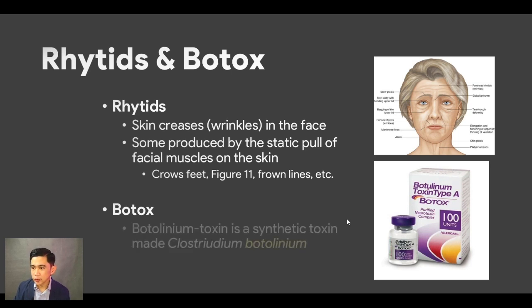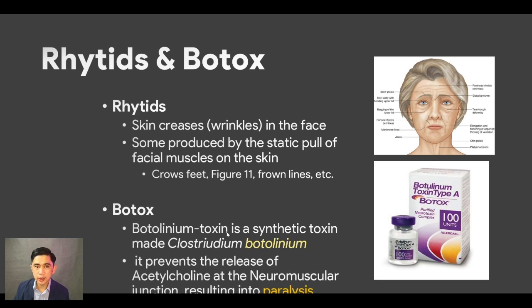Okay, so Botox is actually a synthetic toxin made from Clostridium botulinum, and this toxin will paralyze the muscle through prevention of the release of acetylcholine at the neuromuscular junction, resulting in paralysis. So when you paralyze the muscle in an aging person in a very strategic way, then that muscle won't crease the skin.